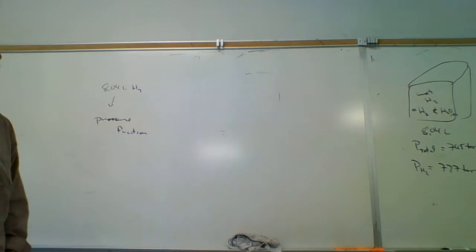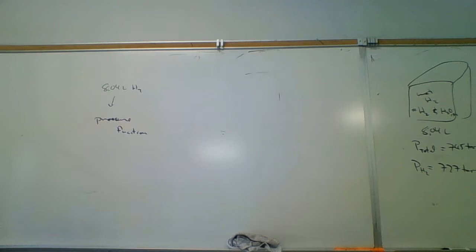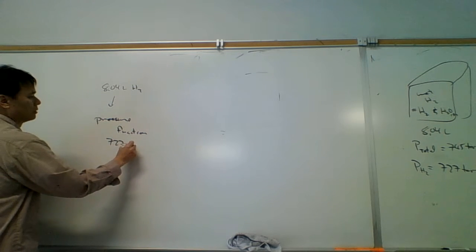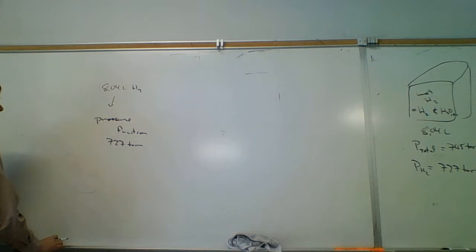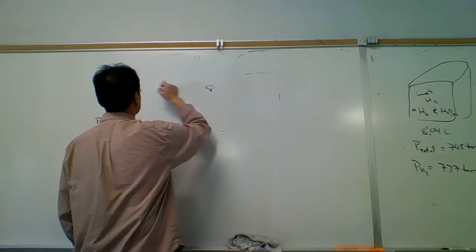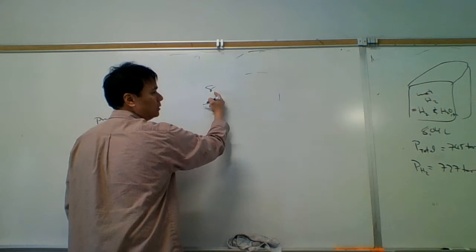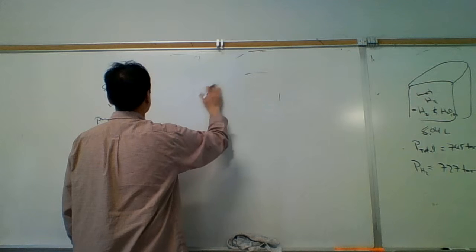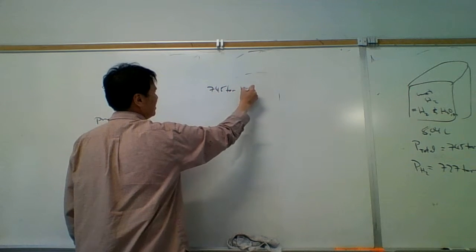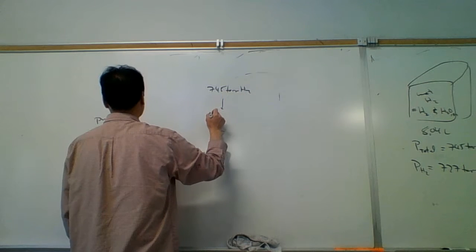So if we say it's 8.04 liters of hydrogen, then that fraction of pressure is going to be 727 torr. Or if we say we have 745 torr of hydrogen, then the volume is going to be a fraction.